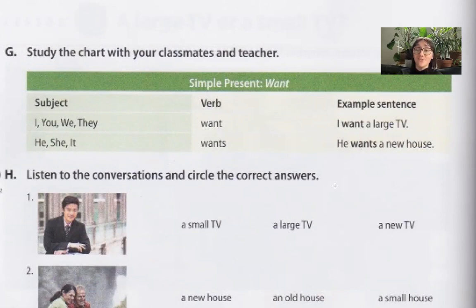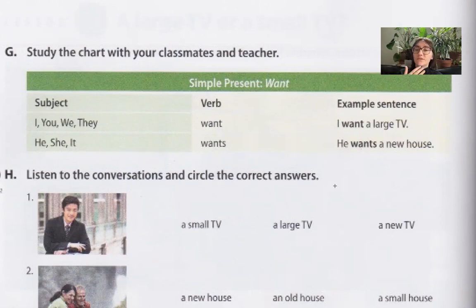And so when we have a subject, when we're using pronouns, I, you, we, they, we say, I want, you want, they want, we want. So you would say, I want a small TV. They want a large computer. We want a small Christmas tree, right?